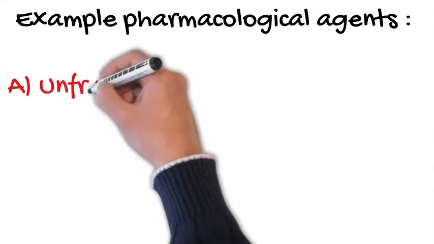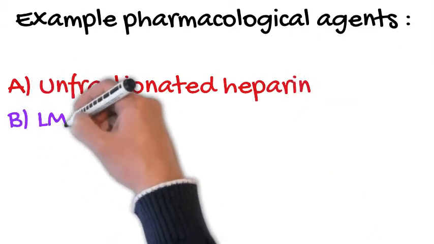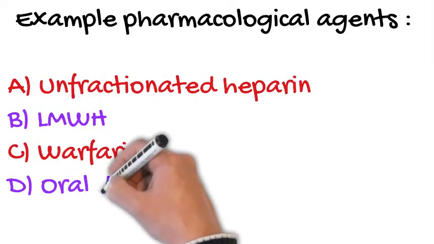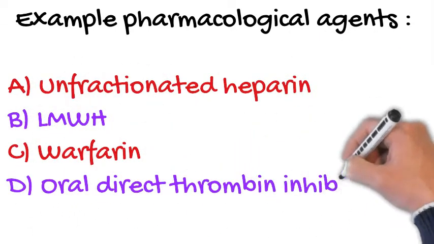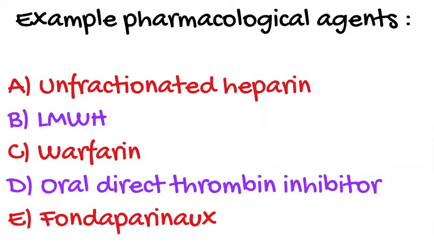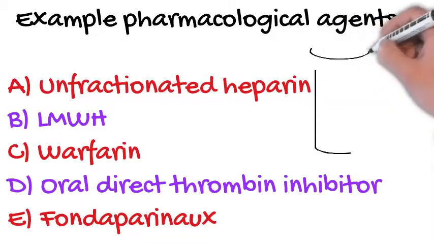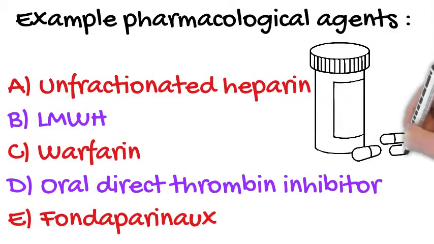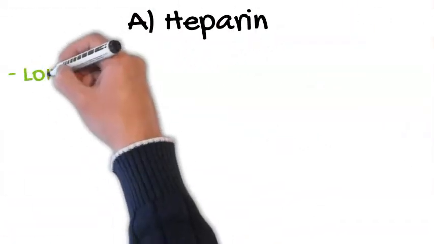Example of pharmacological agents that are going to be covered are A. Unfractionated heparin, B. Low molecular weight heparin, LMWH, C. Warfarin, D. Oral direct thrombin inhibitor, E. Fondaparinux.